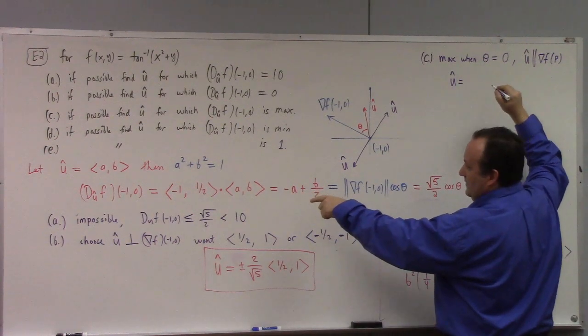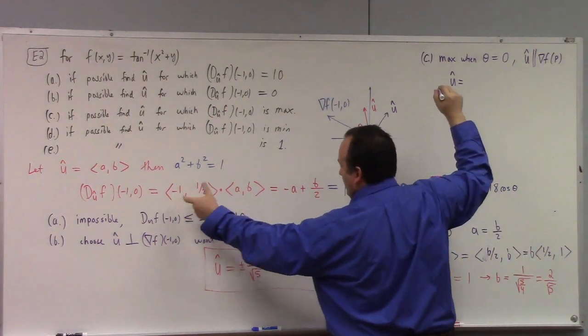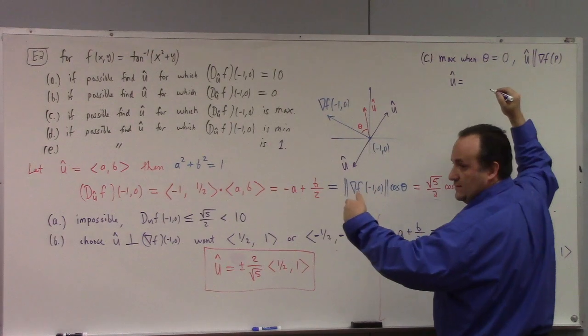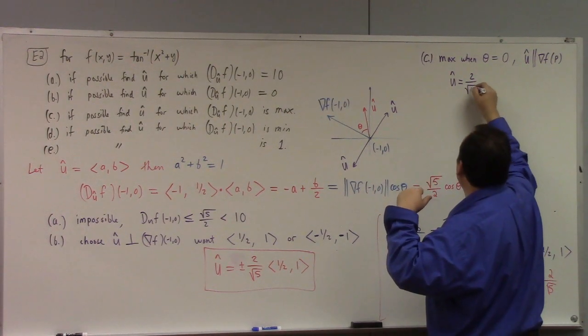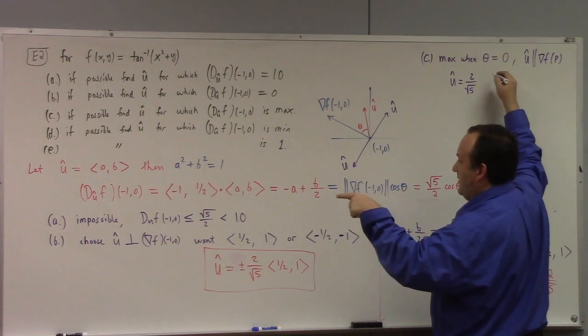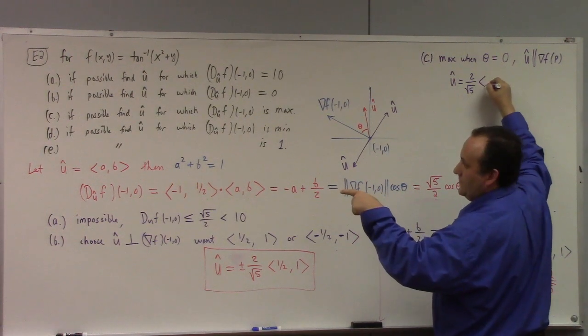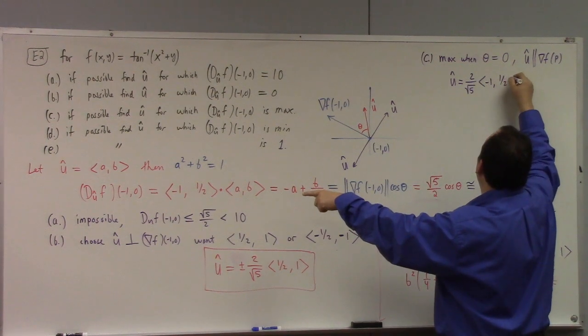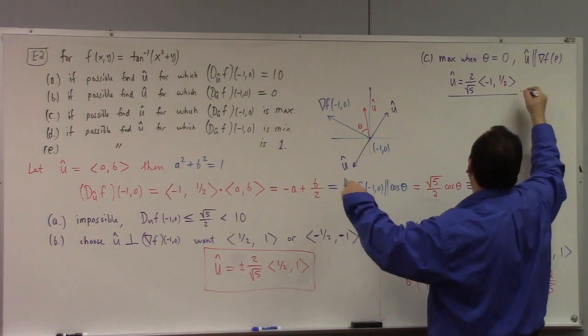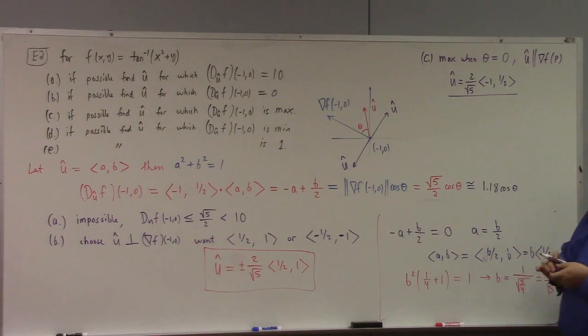So what's the length of the gradient vector? Well, we just figured it out. It's the square root of 5 over 2. So we do 2 over the square root of 5 to normalize it. Where's my gradient vector? Minus 1, 1/2. This gives the max. In other words, that's the unit vector that points in the direction of the gradient vector, okay?